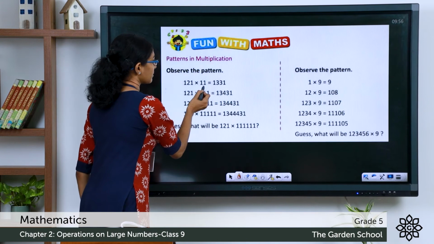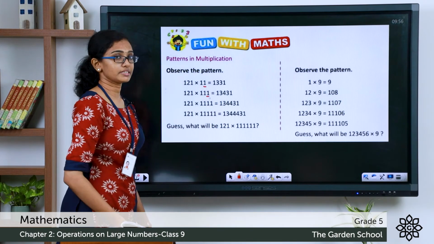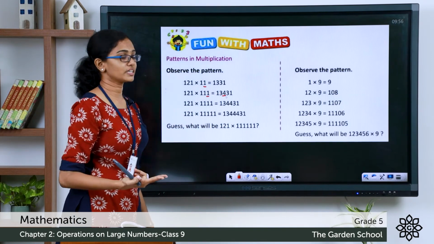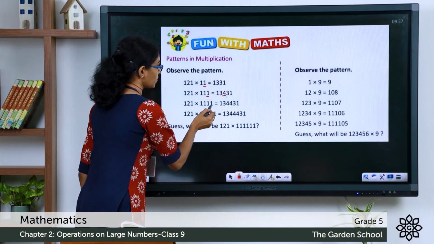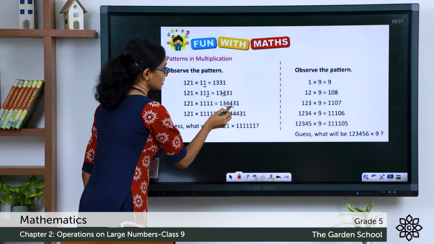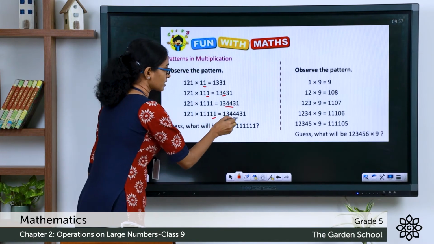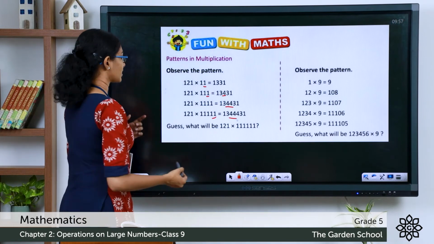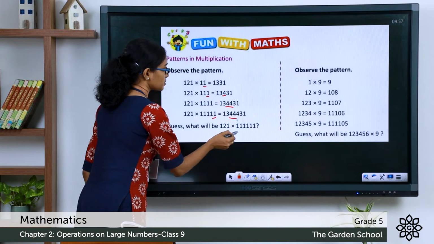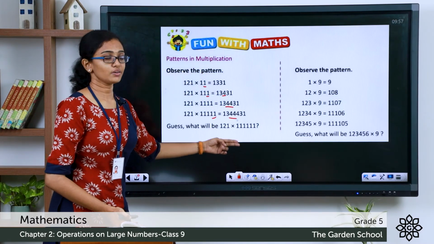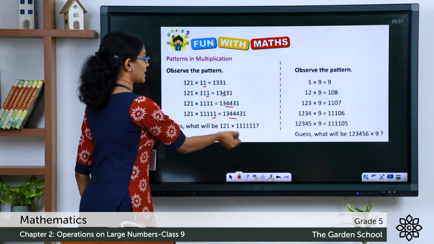See, every time a 1 is added to the multiplier, a 4 comes in between these two 3's here. See, here there are 4 1's and here 2 4's are there. Here one more 1 is added, then one more 4 is added here. Now, can you guess what will be 121 into this number? You can easily write down or find out the answer from the pattern given here.